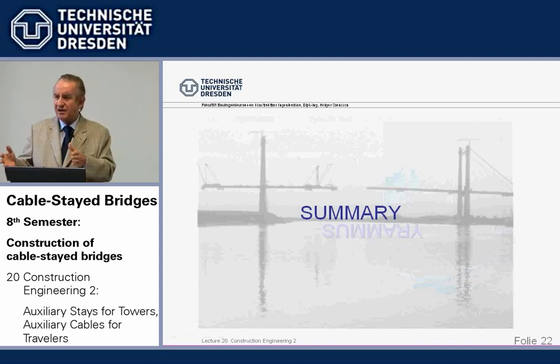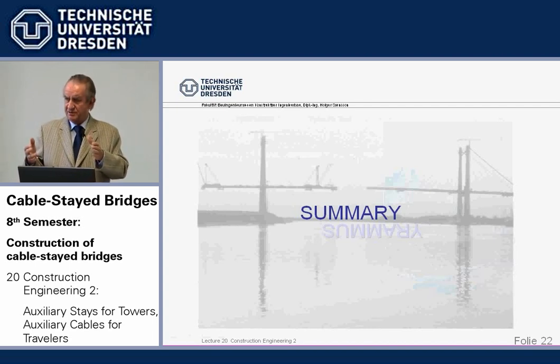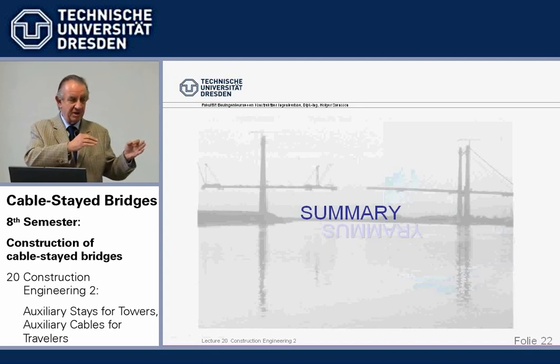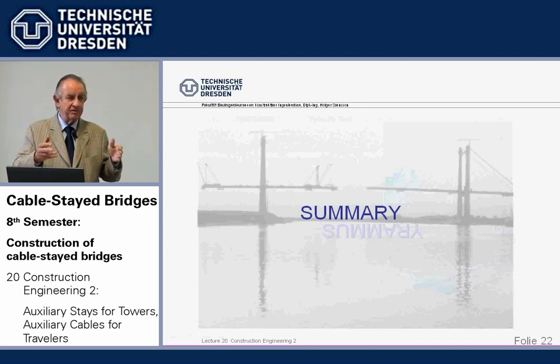And the second half is, how do we put the chosen system together? How do we construct the bridge? Last time I gave you an overview of the possibilities, how we can do it with free cantilevering and launching and all sorts of things.